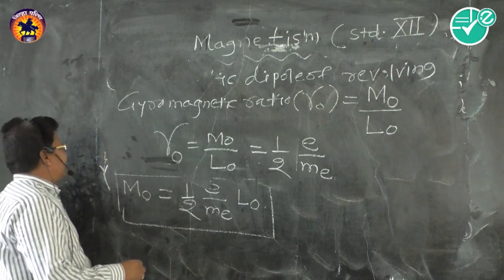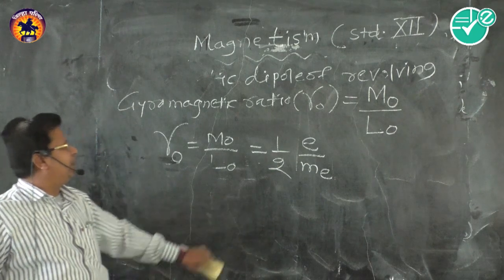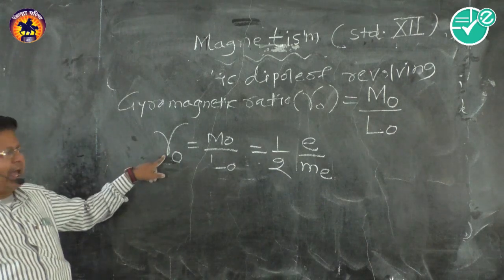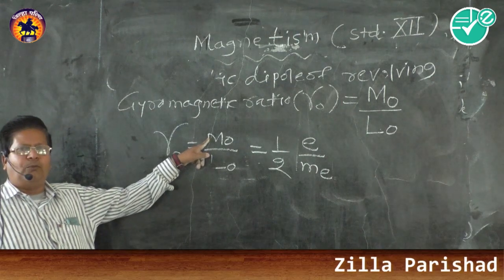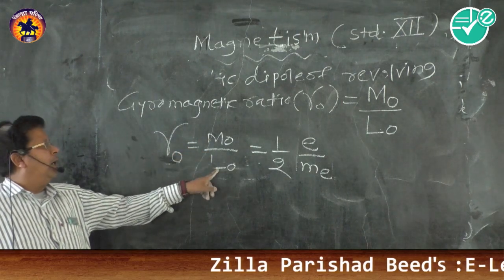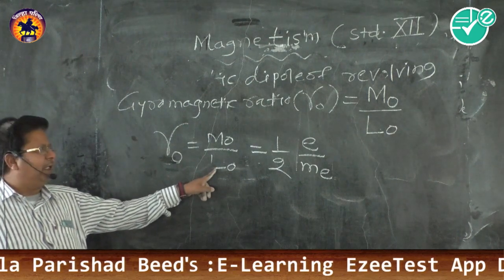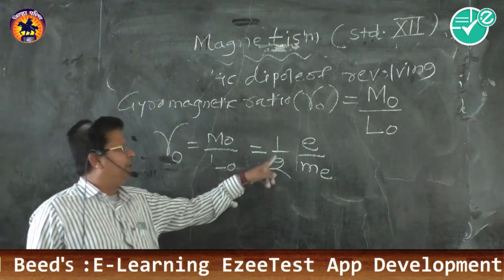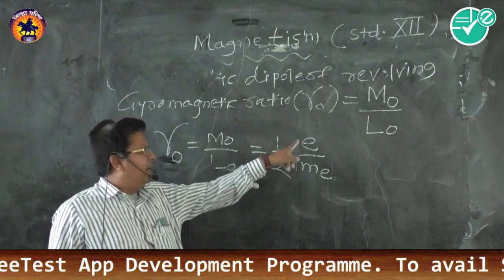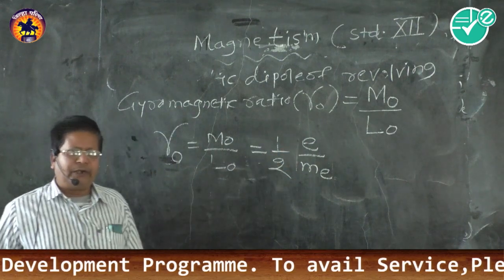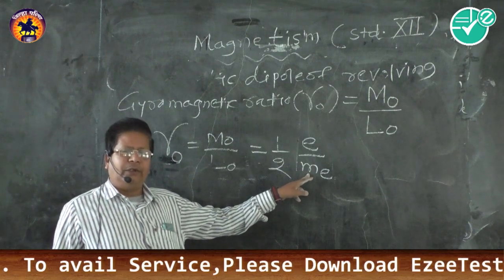So this is the expression for gyromagnetic ratio, defined as the ratio of orbital magnetic dipole moment to the angular momentum of the revolving electron, whose value is 1 by 2 into e divided by m_e, where e is the charge on the electron and m_e is the mass of the electron.